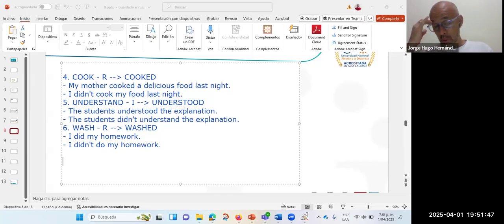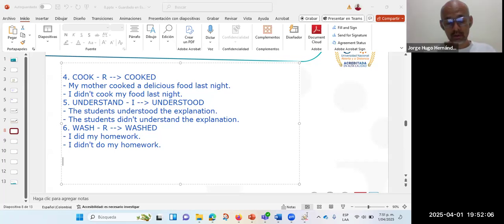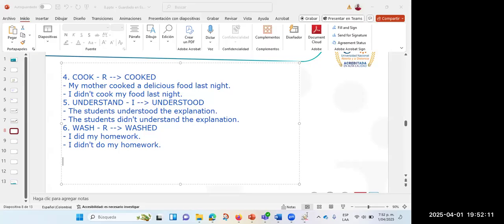Can you give me a sentence in Spanish in past? Anyone, cualquiera. Any sentence. Yo cociné la barbacoa.